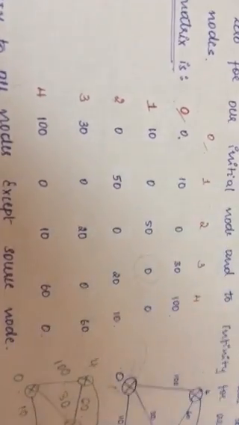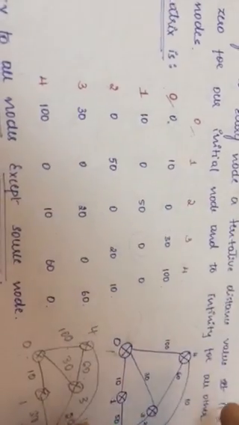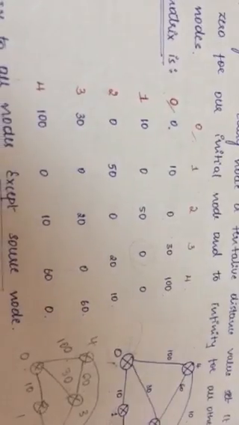As I told, you have to remember two things. 0 to 0 should always be 0, as it is hopping to the same node itself. And where you don't have a direct connection, you have to put it as 0. So this is the first step where you write the adjacency matrix and put here the network diagram.